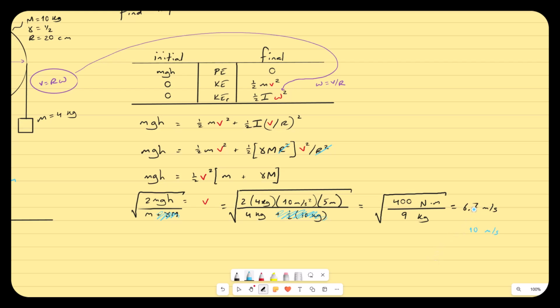So I am slowed down quite a bit, because the left side of this thing is like my energy budget. Instead of being able to put all of it into straight line falling motion, I had to put some of it into the rotation of the wheel. So instead of 10 meters per second, if I just cut the rope, I am now going 6.7 meters per second because the wheel is turning too.